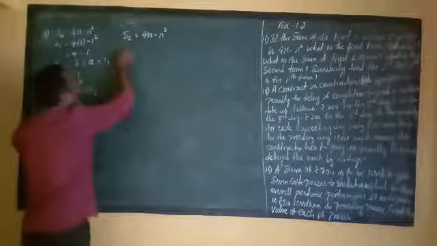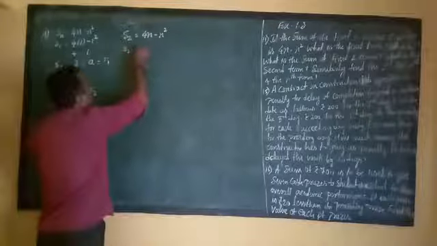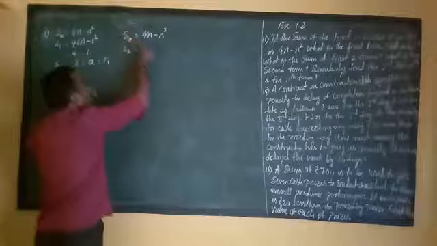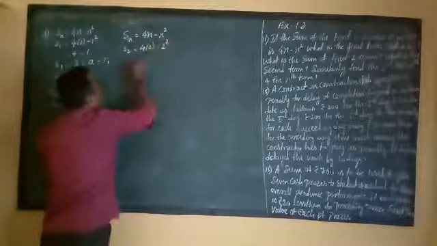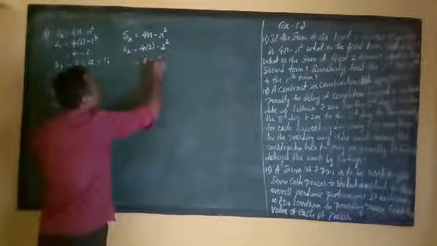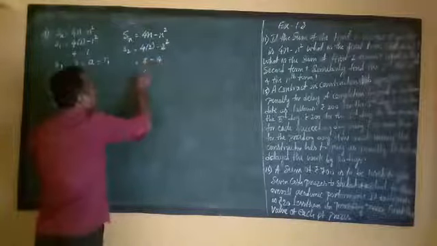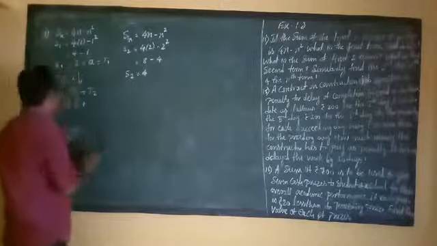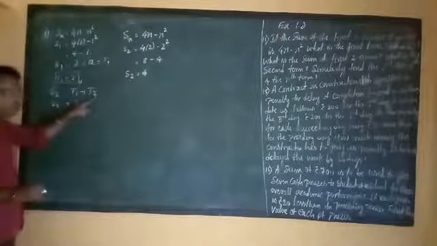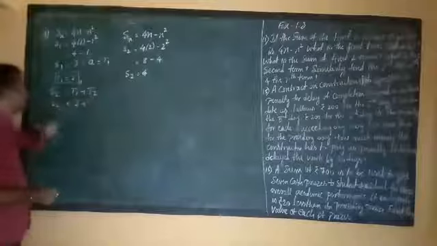So here S2 is equal to 4 into 2 minus 2 square. So 4 2s are 8 minus 2 square is 4. 8 minus 4 is 4. This is S2. So S2 contains T1 plus T2. So we want to calculate T2 first.